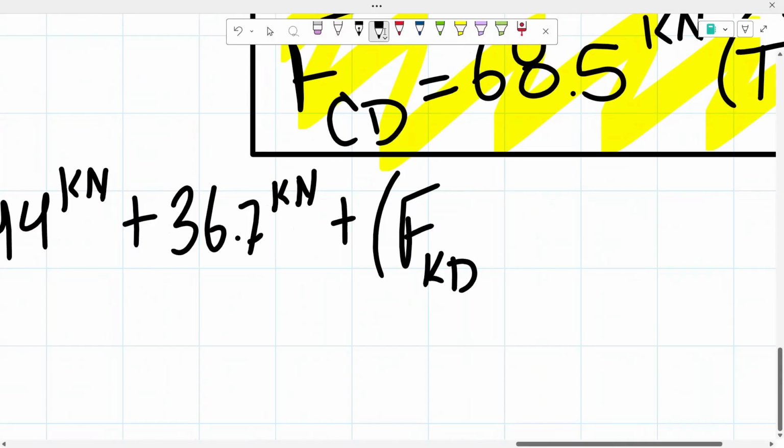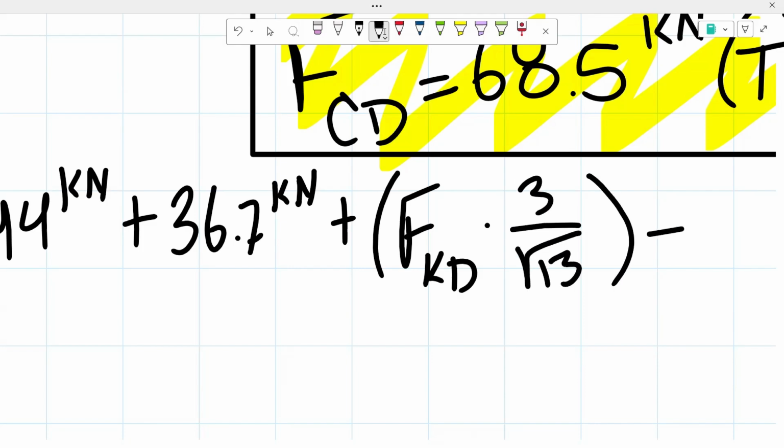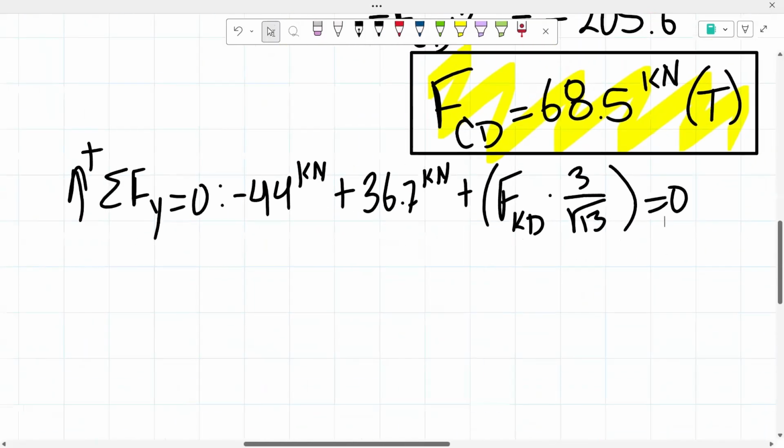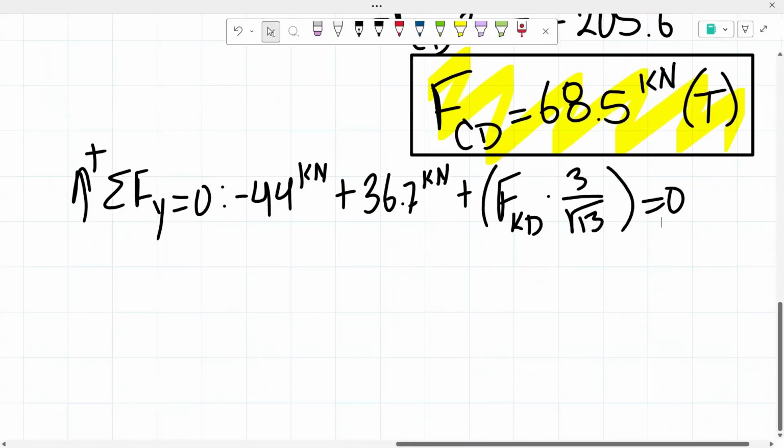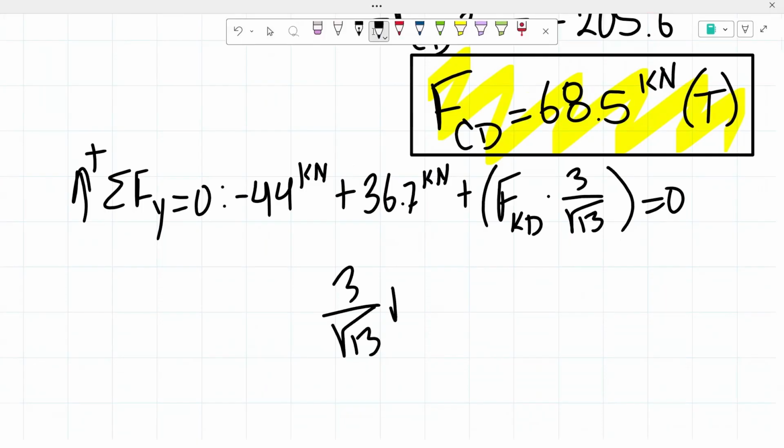so we're going to have a positive force KD, but since I'm doing the sum of the forces in the y direction, I have to determine its vertical component, so I'm going to be multiplying that by 3 over the square root of 13, and all of that has to equal 0. So from there, we would end up getting 3 over the square root of 13 times the force of KD has to equal 7.33.